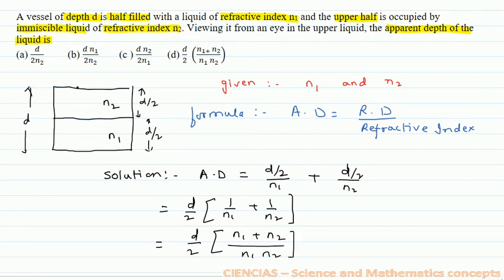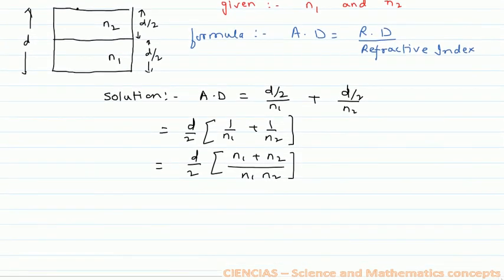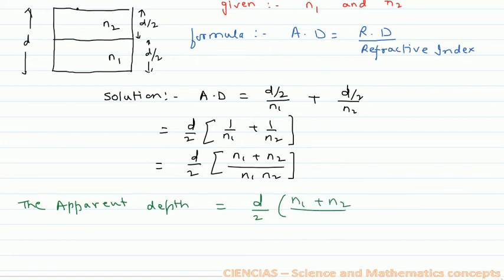So what is our answer? Our answer will be the apparent depth is equal to d by 2 bracket N1 plus N2 upon N1 N2.